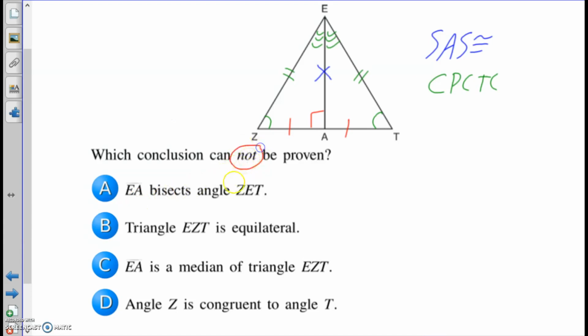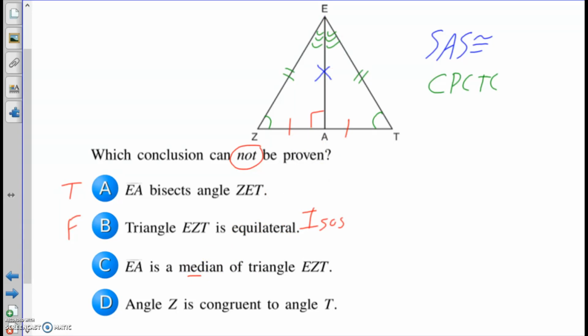We want not proven. So EA bisects angle ZET. This angle is definitely being bisected because it's got two equal parts, so that is true. Triangle EZT is equilateral. Well, I know it's isosceles because these sides are congruent, but there's nothing telling me these sides are also congruent to this side, so I believe that to be false, but I'll keep going. EA is a median.